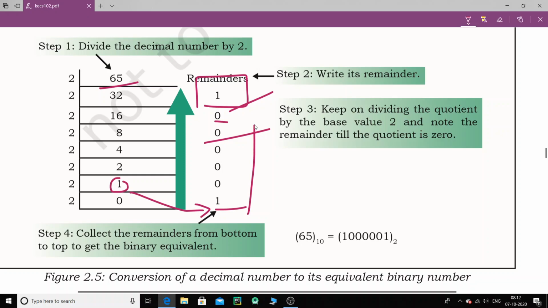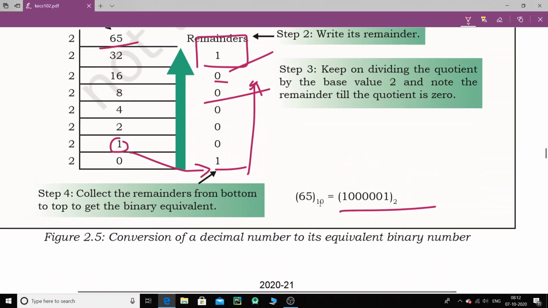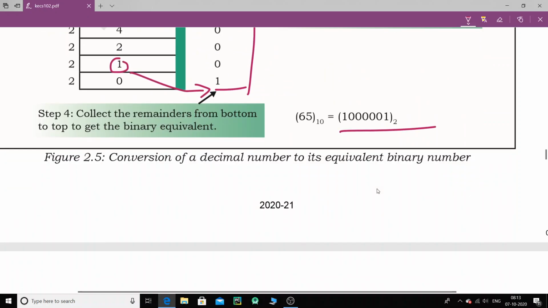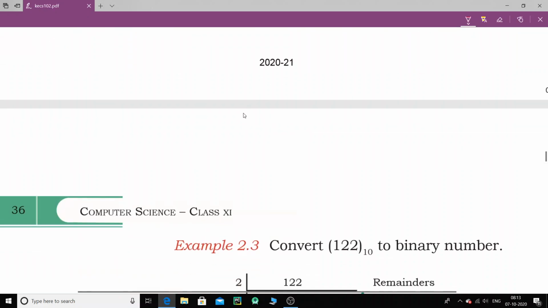And then the bottom-up approach, and that's the answer. So the decimal number 65, if we convert it into binary, this is what we are going to have. This is the conversion of a decimal number into its equivalent binary number.